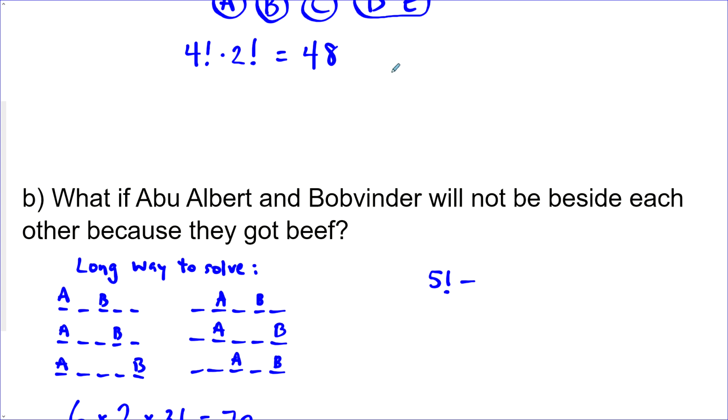So we can just subtract that 48 and also get the answer. And this is a lot easier than trying to do it this way. So again, this is the total number of ways to arrange 5 people in a line. We're going to subtract the number of ways that 2 people will be together, leaving the number of ways that 2 people won't be together.